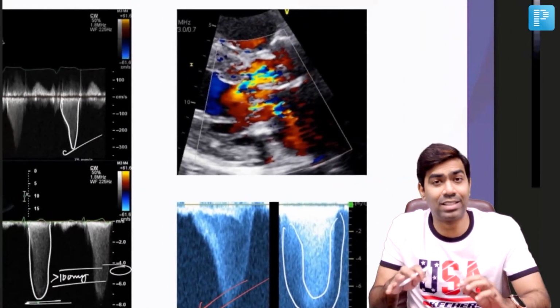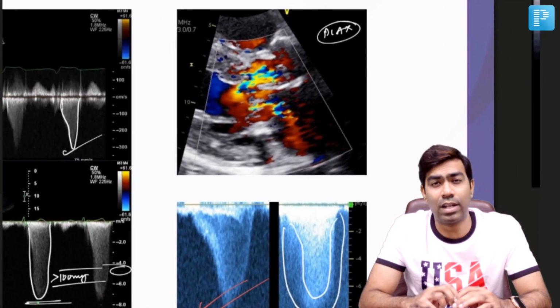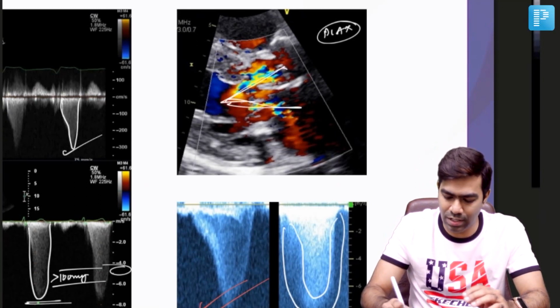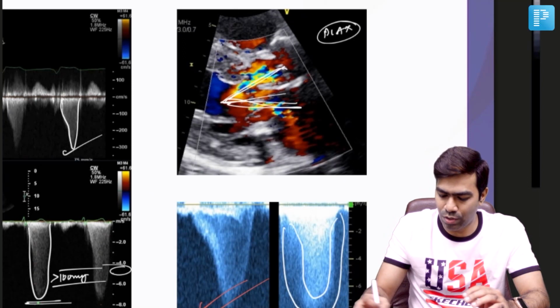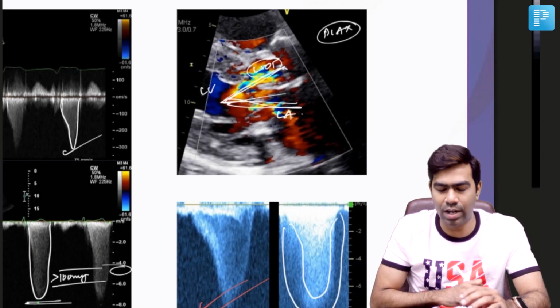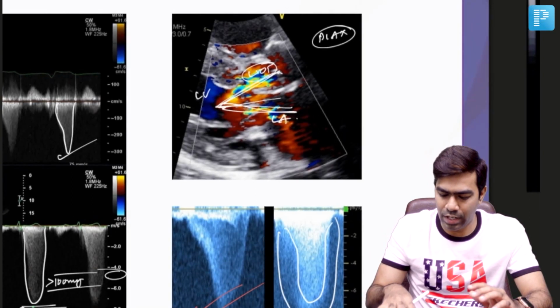And one of the characteristic signs that you can see in the plax view with regards to HCM patients is going to be your V sign. So what is this V sign? In plax view, you know this is the left ventricular outflow tract, this is the left ventricle, and this is going to be the left atrium. And you will be able to see two jets that are going in two directions.